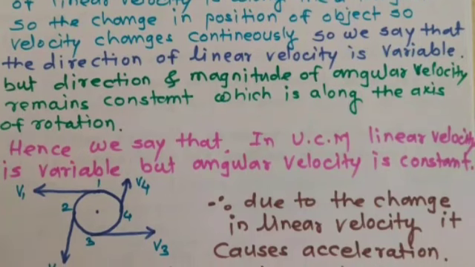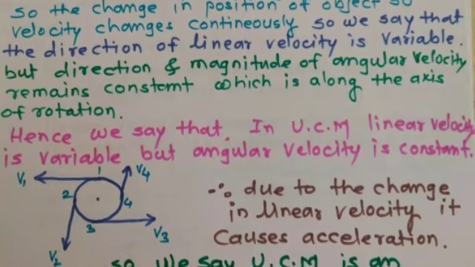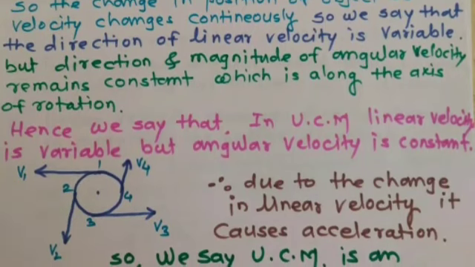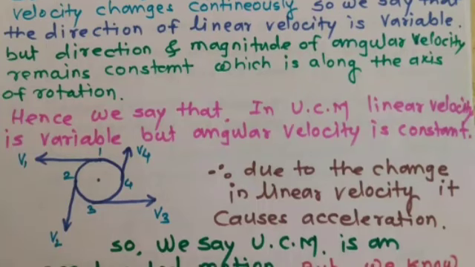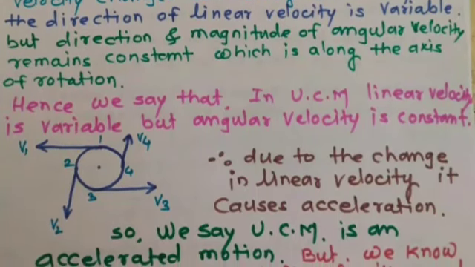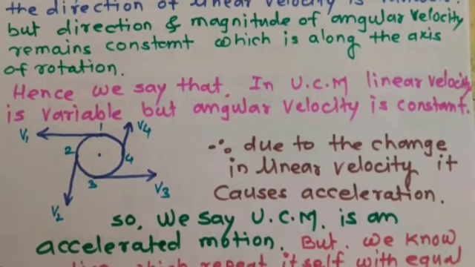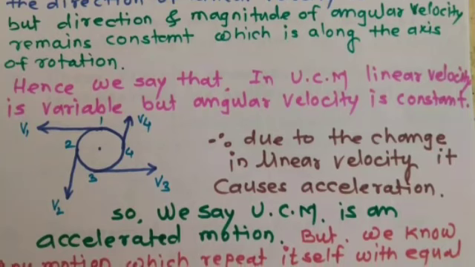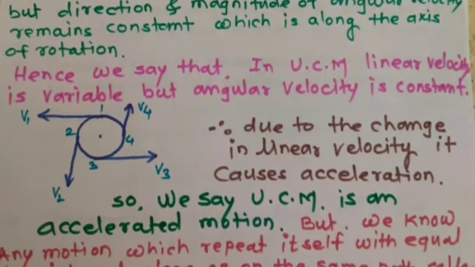Hence in uniform circular motion, linear velocity is variable, but angular velocity remains constant. Due to the change in linear velocity, there is acceleration, so uniform circular motion is an accelerated motion.